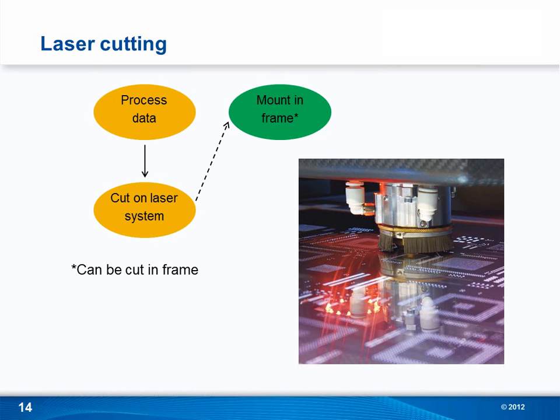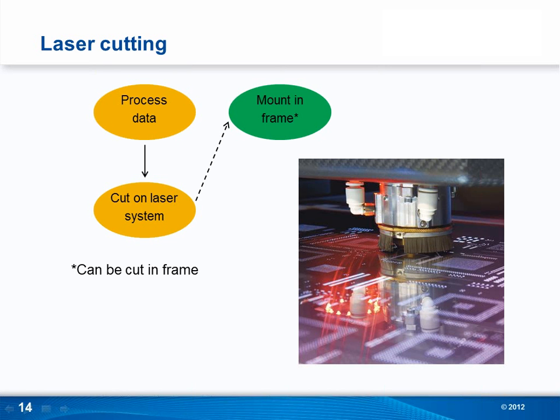Taking a look at the laser cutting process, it starts in a similar fashion. You get the data from the person who needs the stencil. It gets processed to be prepared for action on the laser system. The laser system is used to cut all the apertures in the metal sheet, and when that is finished, the metal sheet is mounted in a frame.